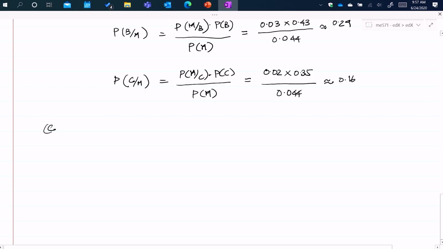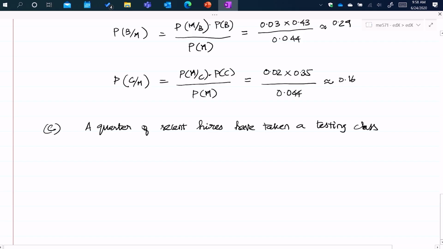So now let's go on to the third part. We are given that a quarter of recent hires have taken a testing class. So a quarter of employees belonging to group A have taken the testing class. Only 5% of these make a mistake.